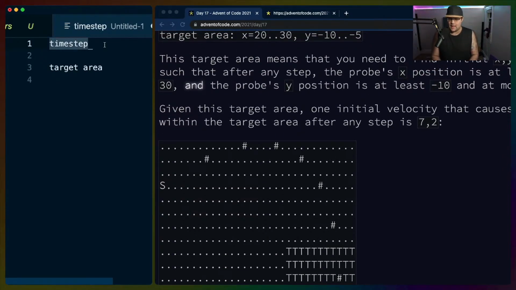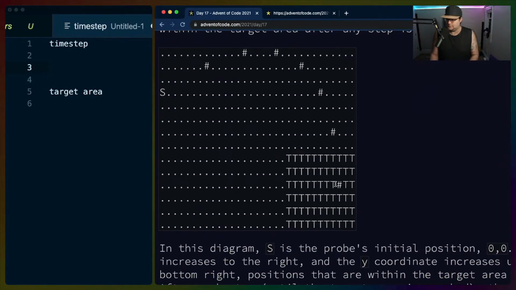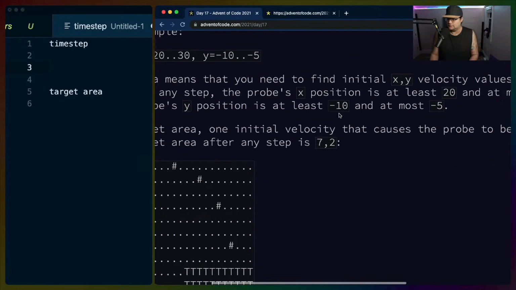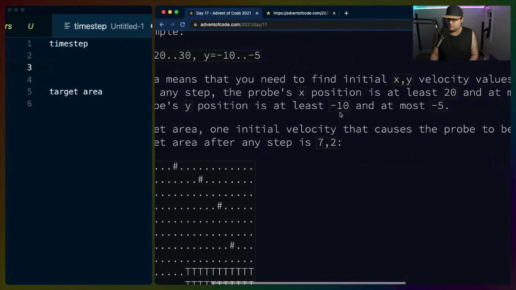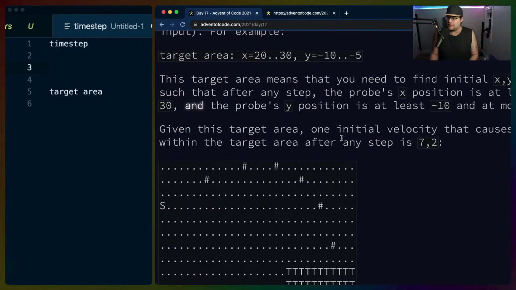So time step and x are not the same thing necessarily, but given the target area, one initial velocity that causes the probe to be within the target area after any step is 7, 2.